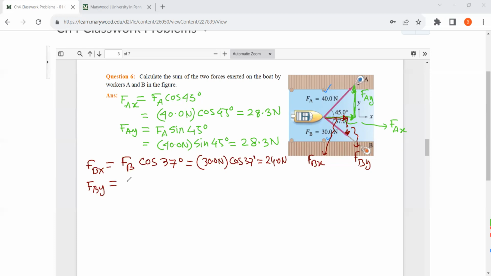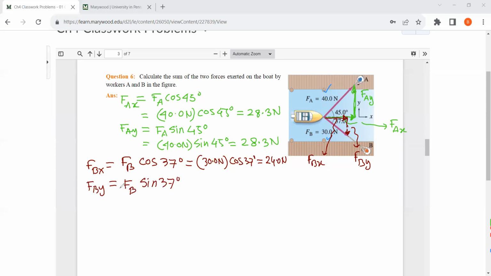Similarly, FBy is FB sine 37 degree. So when you solve this kind of problem, remember that the side opposite to the angle is related to sine theta and the side adjacent to the angle is cosine theta. So that we use here.